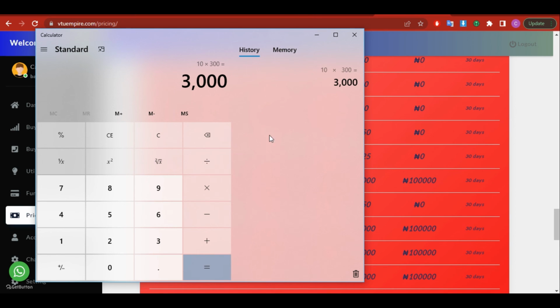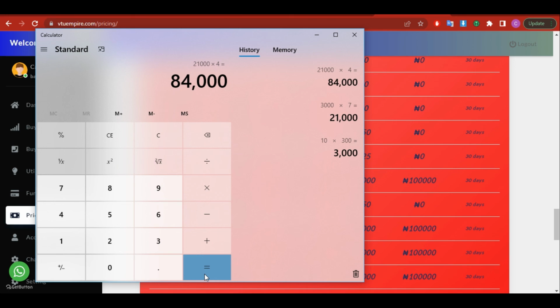So you're getting 3,000 naira daily. In a week, you're getting 21,000 naira. And if you multiply that in a month, which is 4 weeks, you have 84,000.